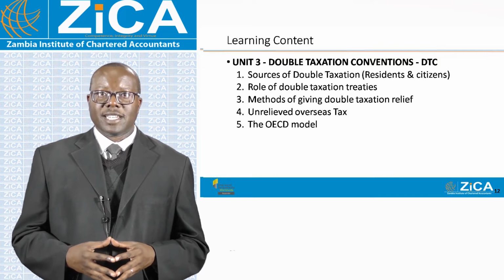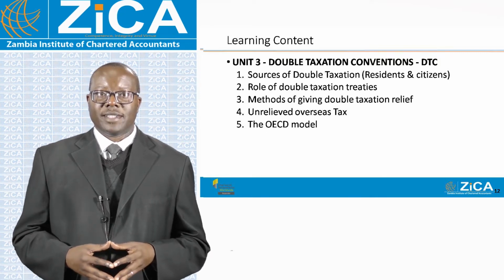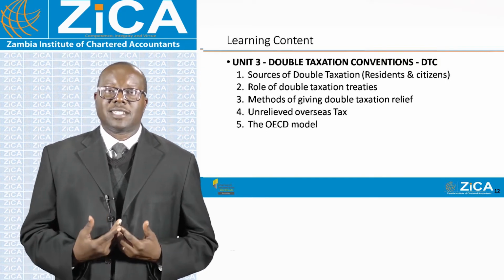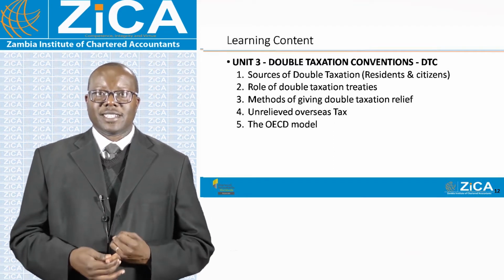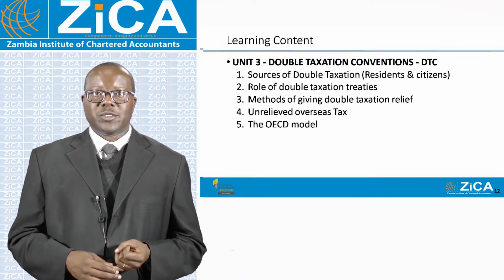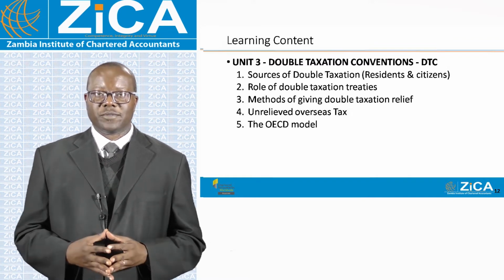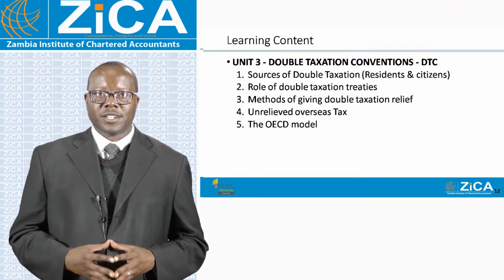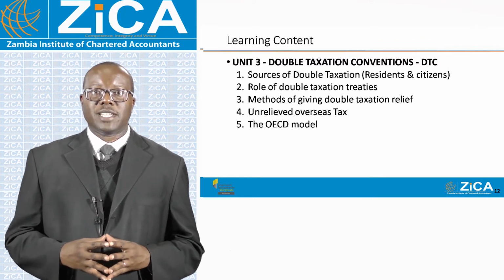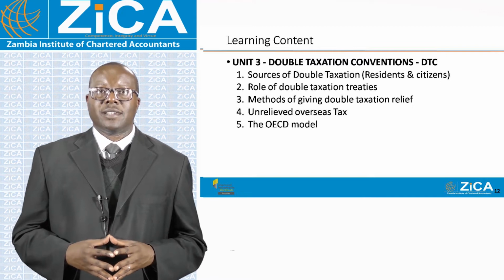Methods of giving double taxation relief. Methods of giving double taxation relief are commonly the use of treaty relief and the use of unilateral relief. Unilateral relief may be unilateral credit relief, or it may be unilateral expense relief.